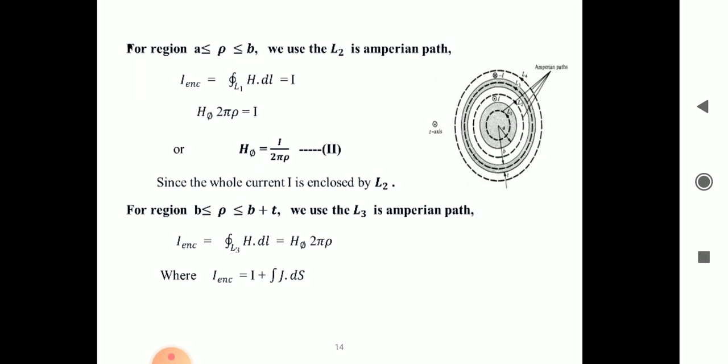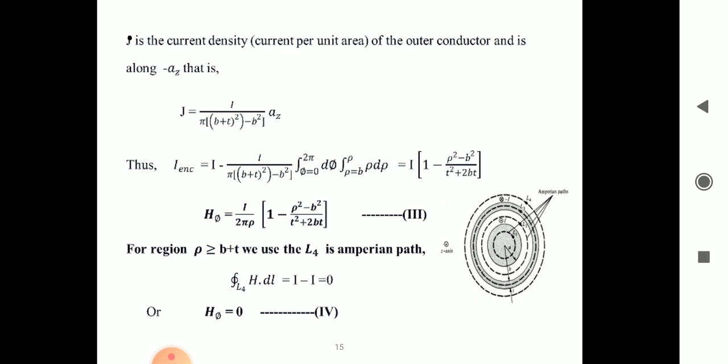Next, coming to the region between b and b plus t, we assume path L3. Therefore I enclosed is equal to the integral over L3 of H dot dl, which is H phi times 2 pi rho. Therefore I enclosed is equal to I plus the integral of J dot dS.